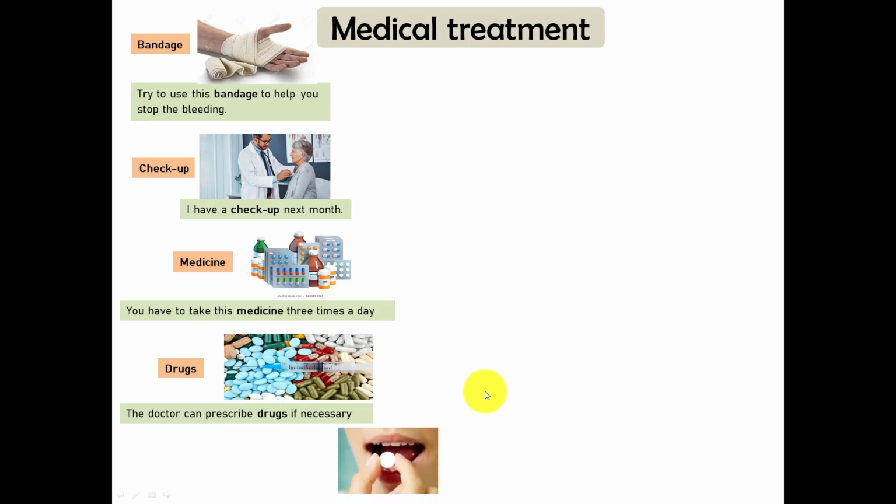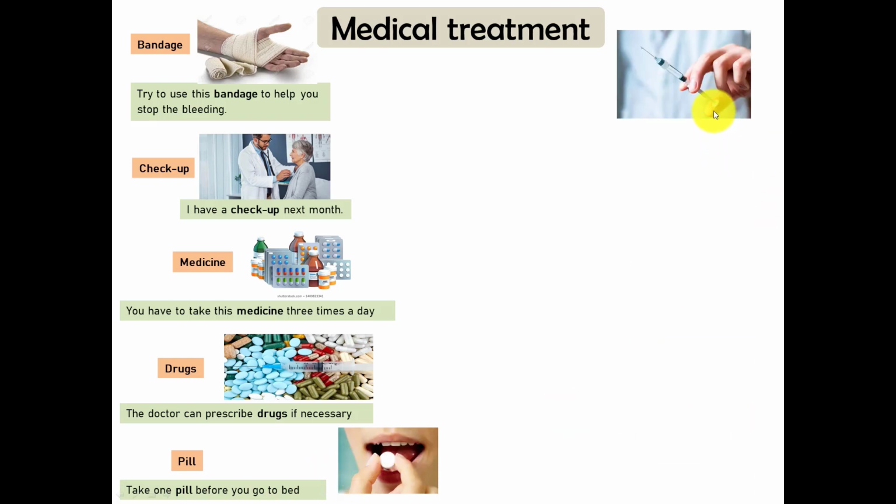Next. Here. What is this? Great. Pill. For example, take 1 pill before you go to bed. Next. What is the picture about? Great. Injection. For example, some medicine is given by injection.